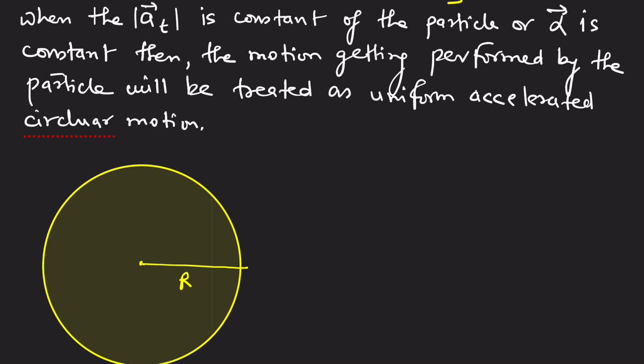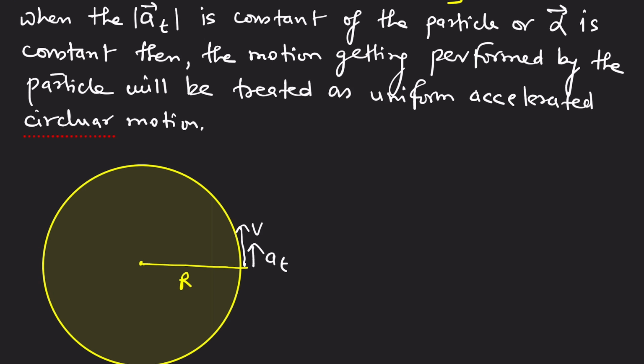If you see here, the velocity and the acceleration both are in the same direction, and they are always changing as the path is getting changed continuously.